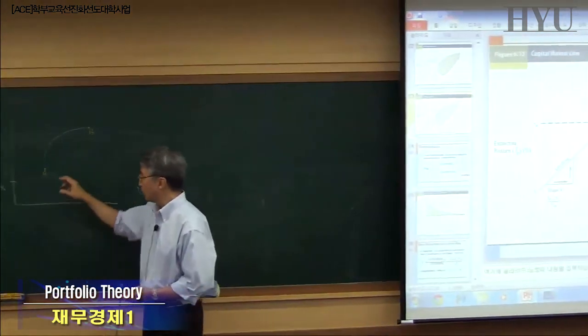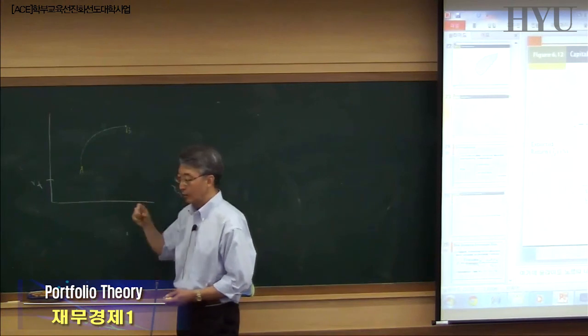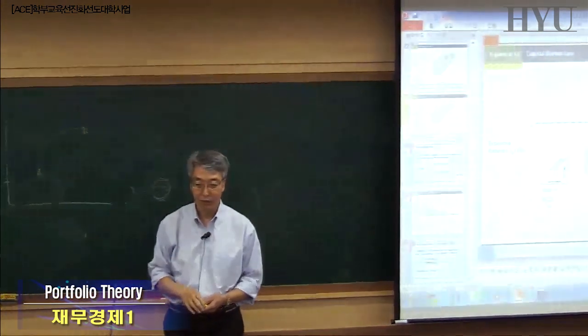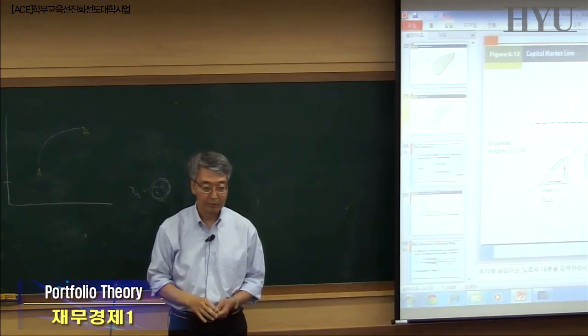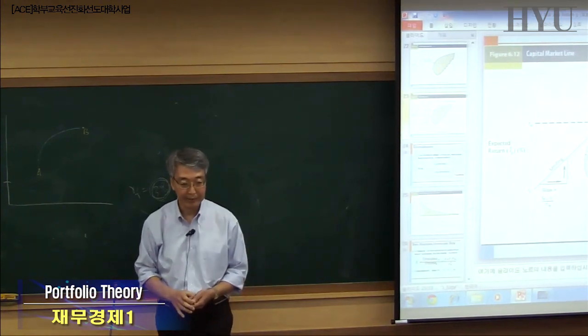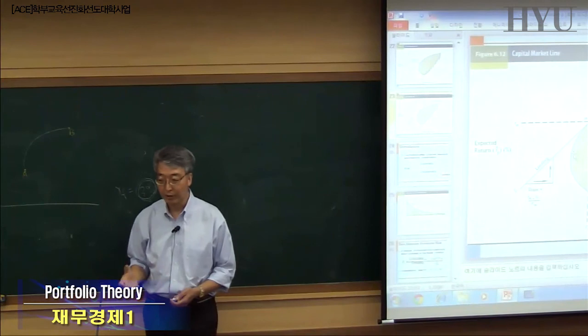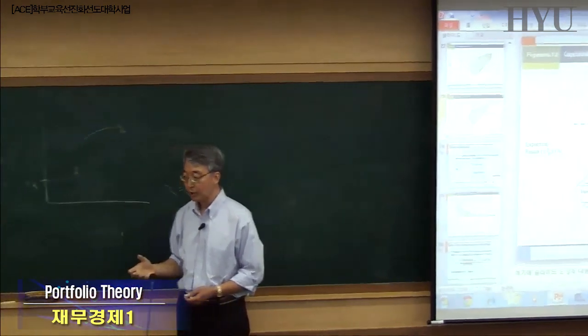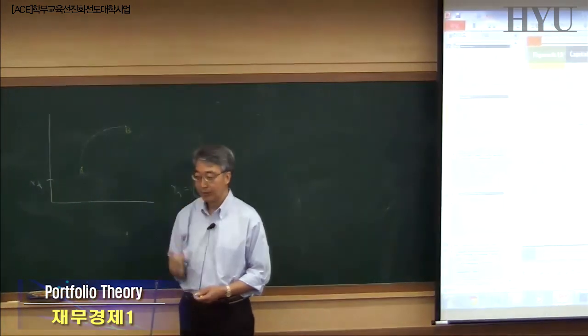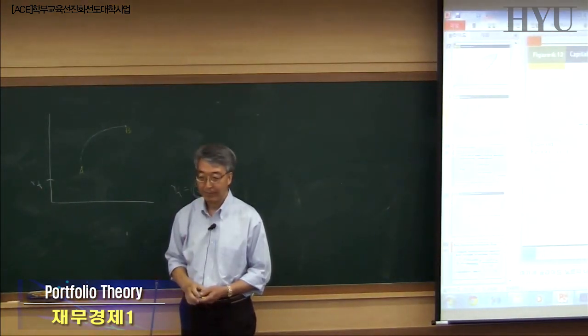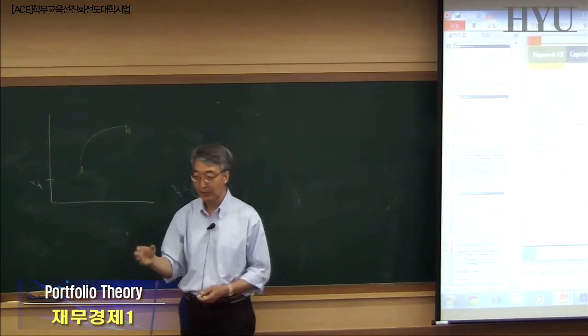What's the difference between A and B? I said A and B are both efficient, right? But is there any difference between A and B? Think about yourself, right? If you are this investor, would you invest in A or B? Some say A, some say B here, right?